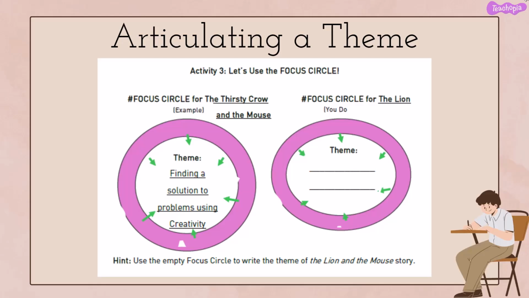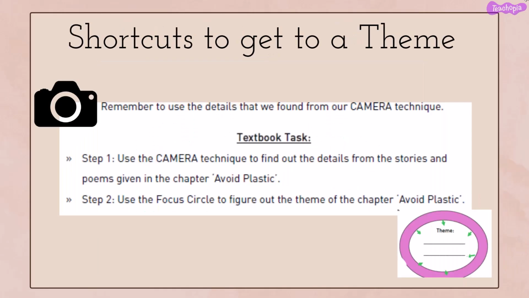The same can be used for The Lion and the Mouse, but a different one can also be used. Thus, the learners are given the opportunity to think of different themes that they might have in the story, given that they have already practiced in the previous exercises.